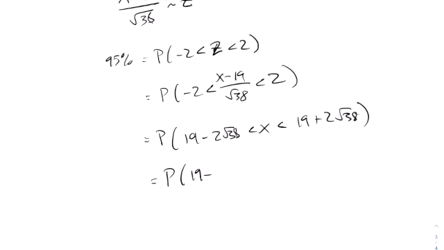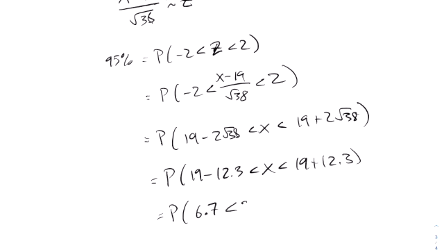So this is 19 minus 12.3, less than x, less than 19 plus 12.3. And so we get a 95% confidence interval of about 6.7 less than x is less than 31.3. Yeah, 31.3. And geez, that was so much faster. Oh my gosh. Why did we do that other thing?